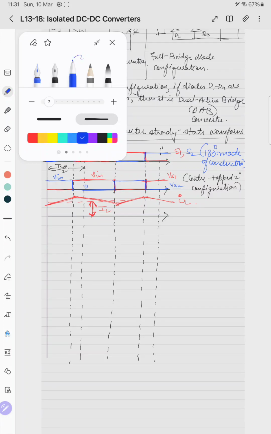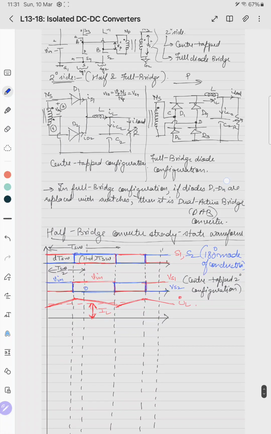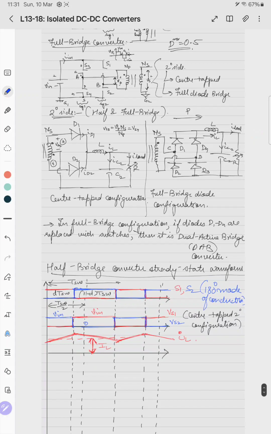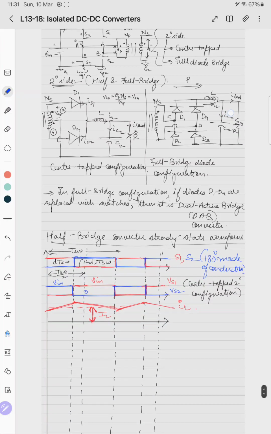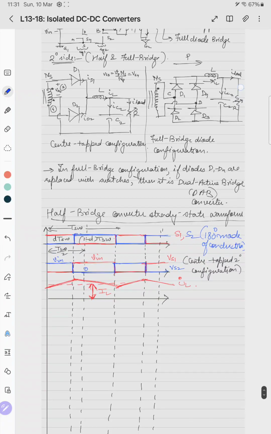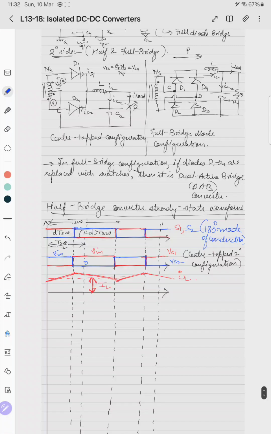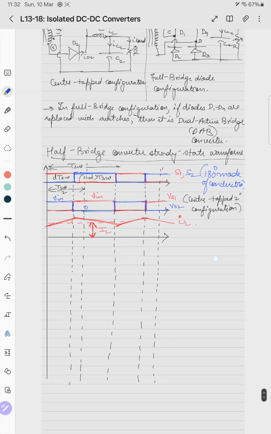Then we'll draw VL, the voltage drop across the inductor. When D1 is forward biased, the voltage drop across it will be V in by 2 into Ns by Np minus V naught. This is V naught, so it is positive.